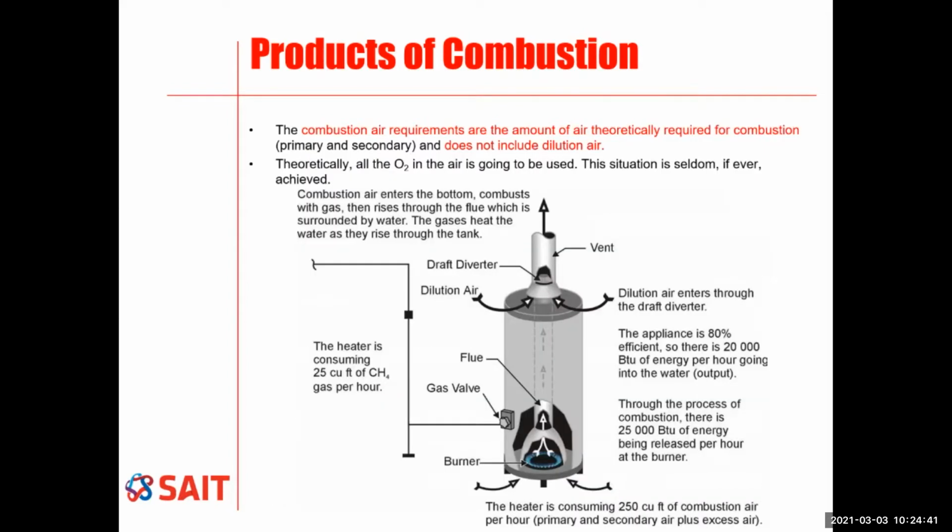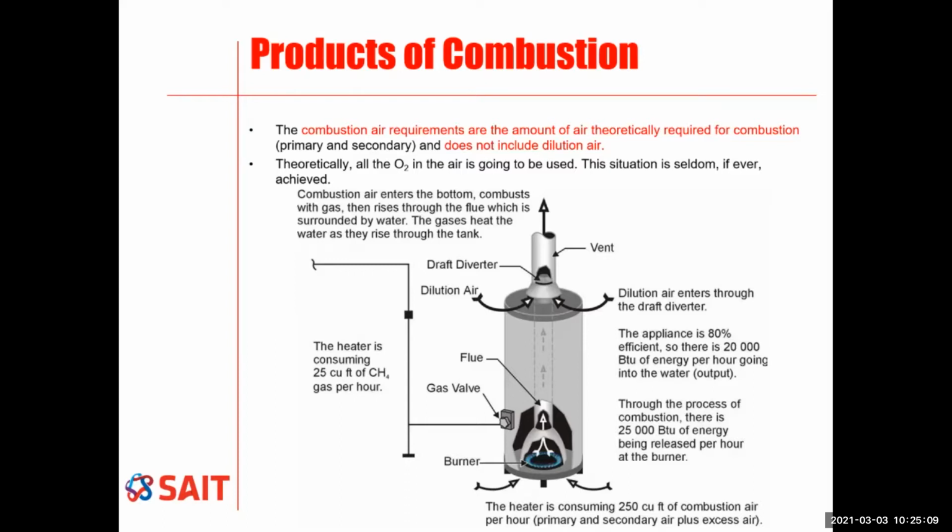Okay, so here we have the products of combustion. So combustion air requirements are the amount of air theoretically, we talked about that before, for combustion. And in theoretical air, we have primary and secondary. This is not talking about our excess, just theoretical air. And here we go.